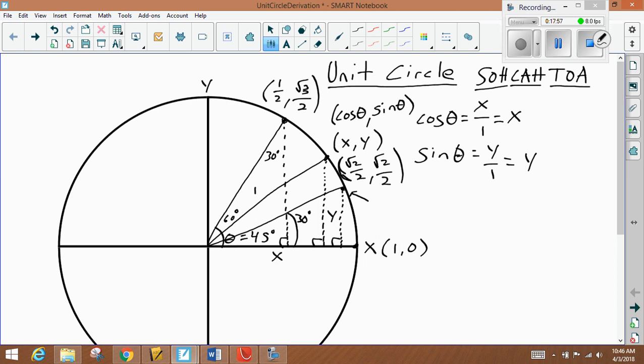So then that coordinate, I can just flip them. Because our triangle with theta equals 60 degrees is the same as our triangle with theta equals 30 degrees, just flipped and laid on its side. See it?